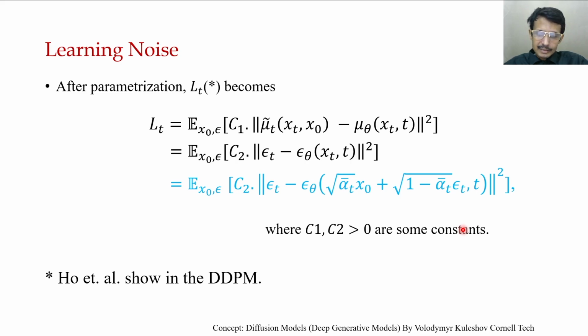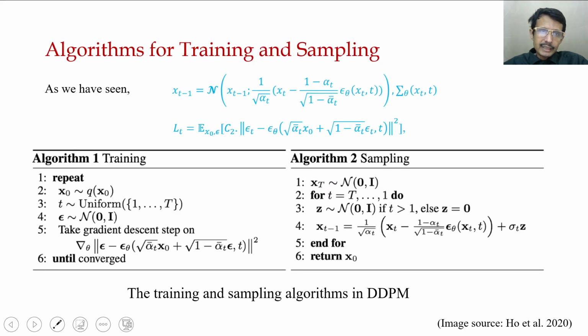Now if we summarize all this, the parameterization, learning and sampling, these two are very important results that are written here, that we have discussed. And our training algorithm is: repeat until converged. x0 is taken from q of x0, this distribution, then t uniformly from 1 to T, and epsilon is the Gaussian noise.